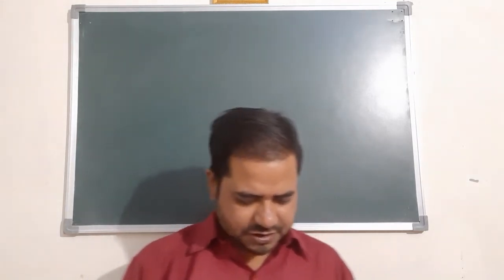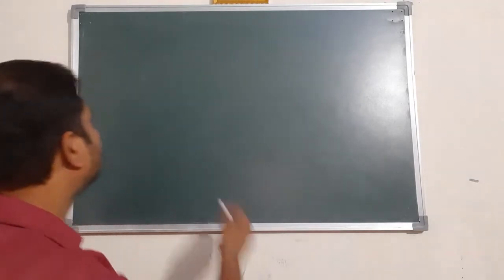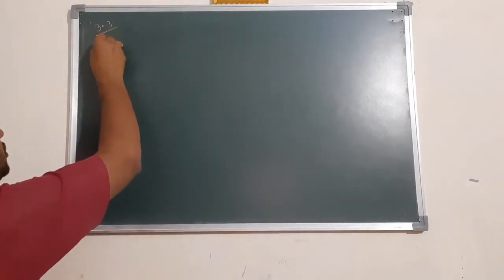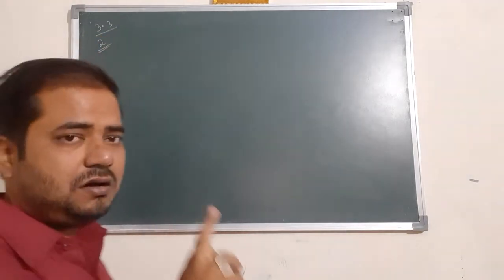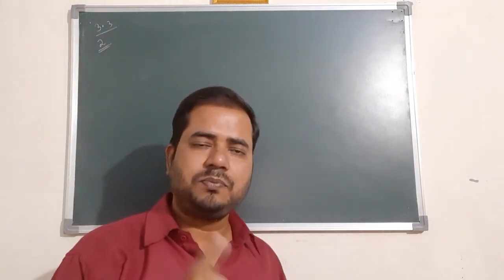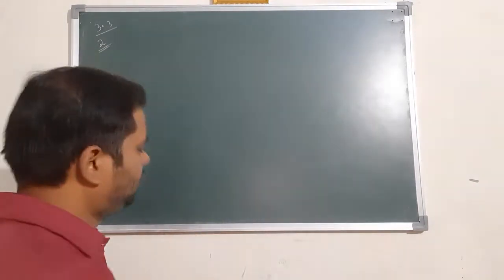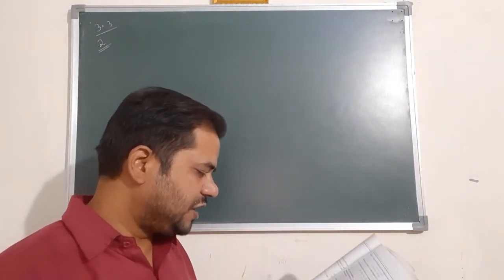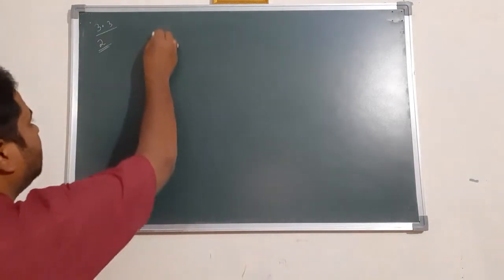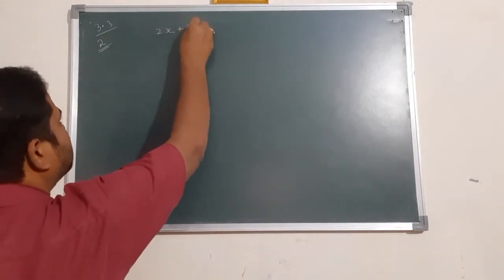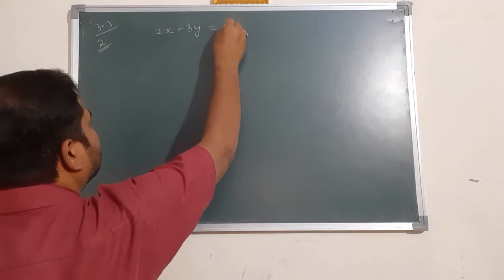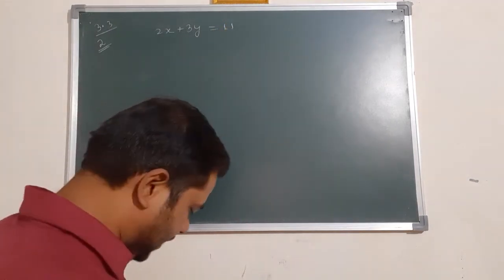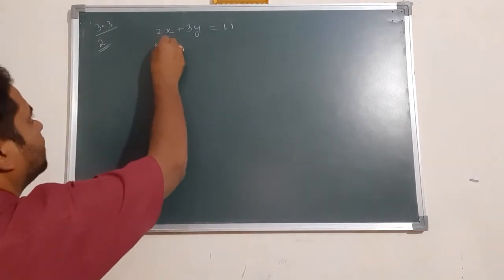Now question number second of 3.3, in the NCERT book. Solve 2x plus 3y is equal to 11 and 2x minus 4y is equal to minus 24.